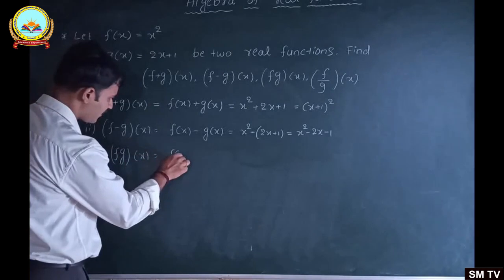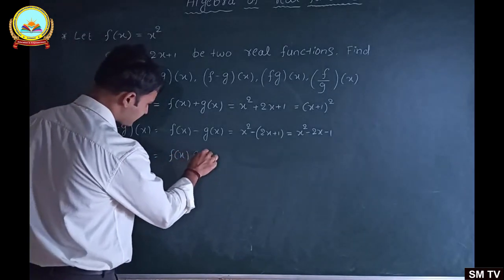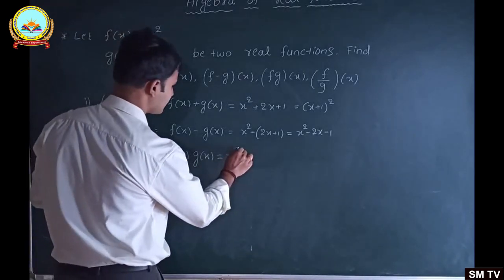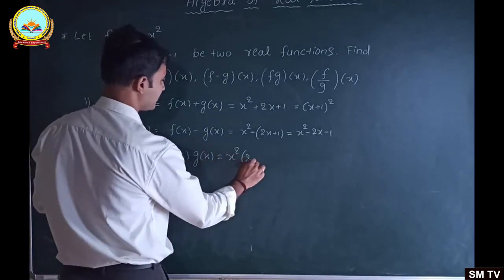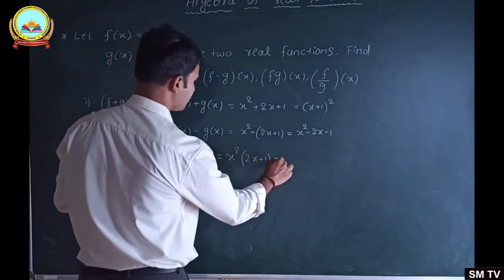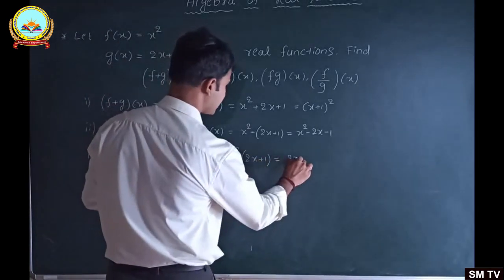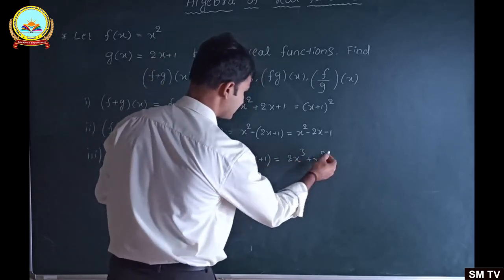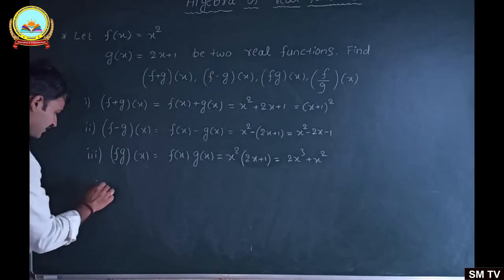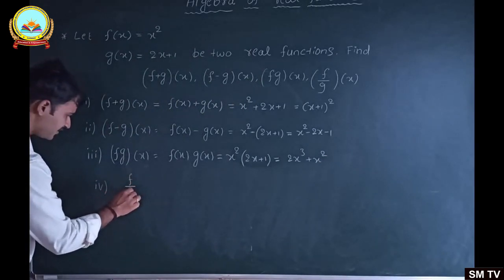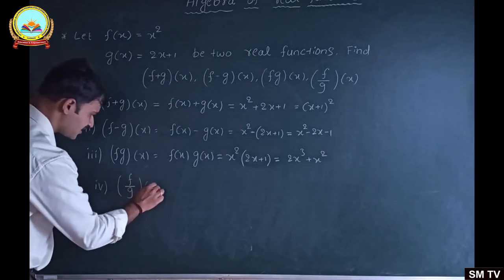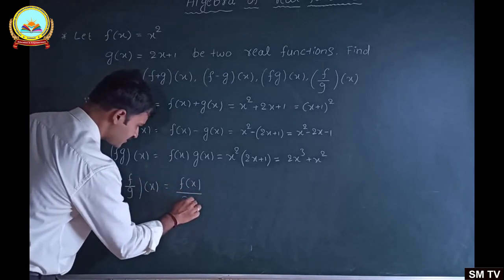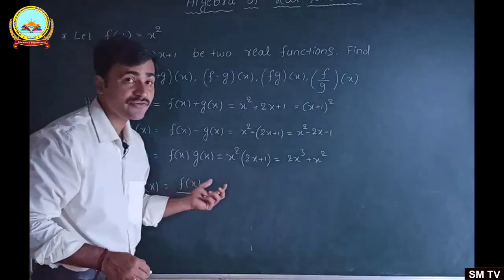Similarly, f into g of x is equal to f of x into g of x, which is equal to x square into 2x plus 1, which is equal to 2x cube plus x square.